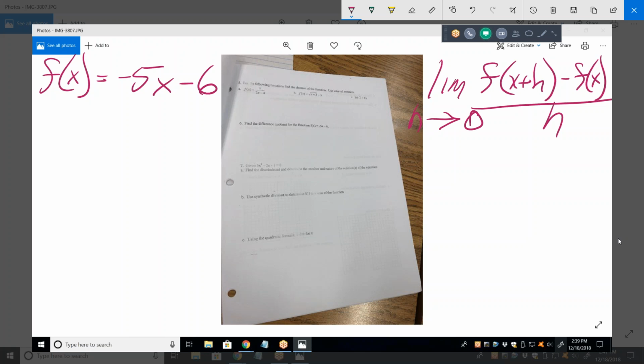Okay. This is calculus. It's no longer precalculus. This, in fact, is probably the first thing in calculus. Actually, they'll teach you limits for 2 or 3 weeks, and then they'll go straight into differential calculus. This is the definition of the first derivative.